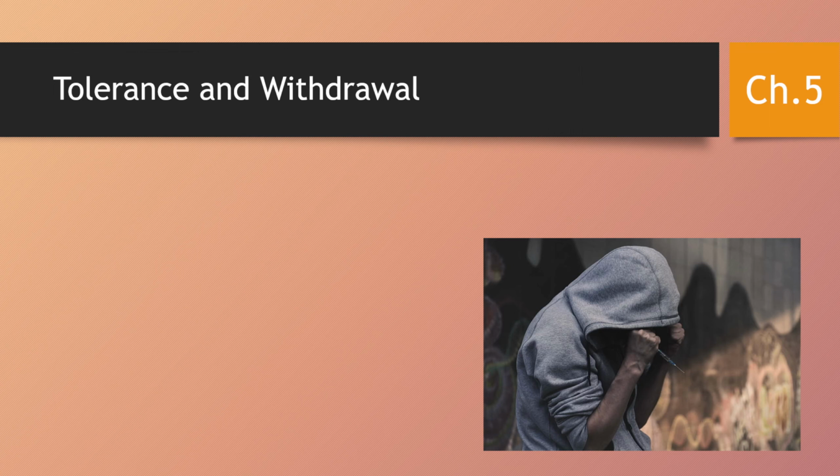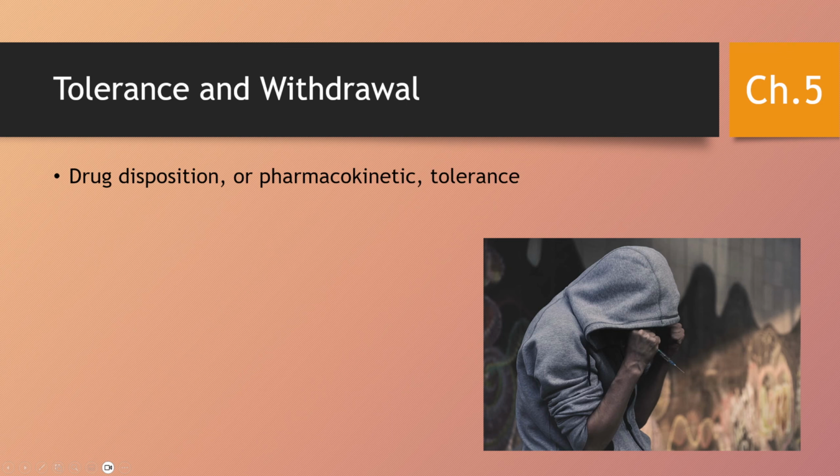All right, and we're going to end here talking briefly about tolerance and withdrawal, of course. So when we talk about this, we have to talk about, in terms of tolerance, how we build up tolerances to different drugs. And that happens in kind of two different ways. So we can talk about sort of the drug disposition or the pharmacokinetic tolerance.